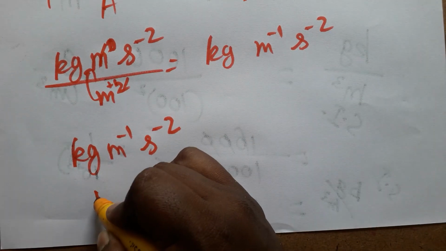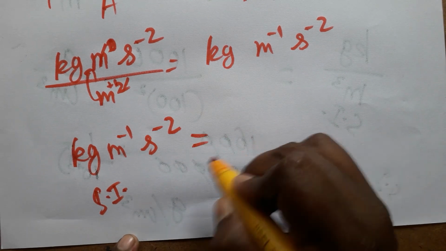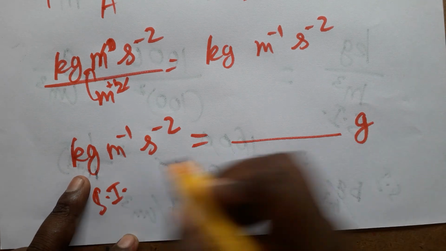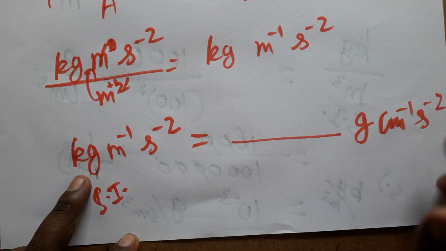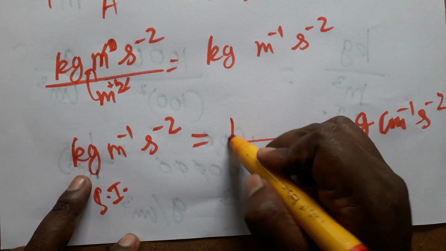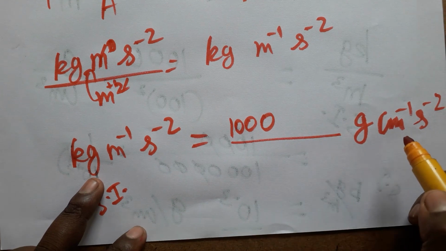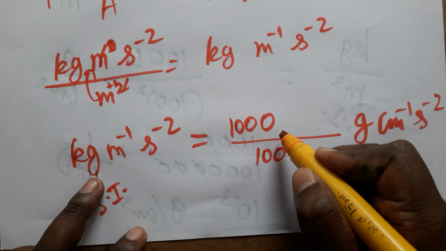This is the MKS system, which follows SI. The same thing I am going to convert to the CGS system. So kg is gram, meter is centimeter inverse second minus 2. Converting, kg to gram gives 1000, and meter to centimeter gives 100. Since meter inverse is there, I am dividing as denominator.